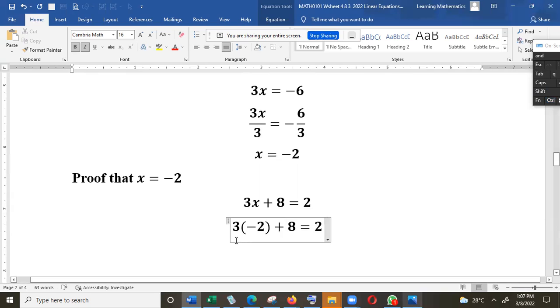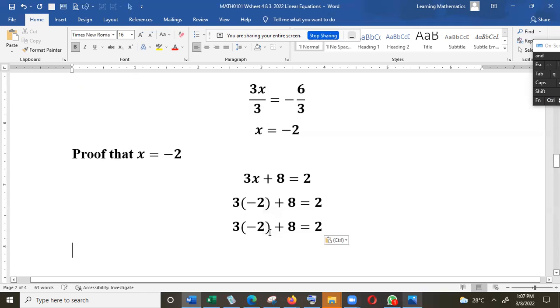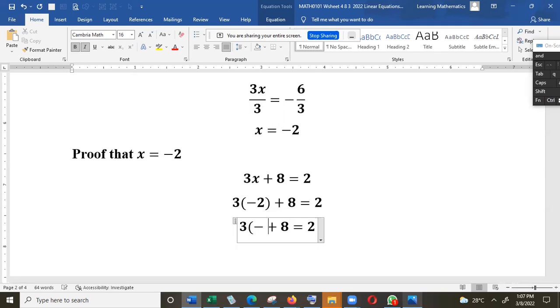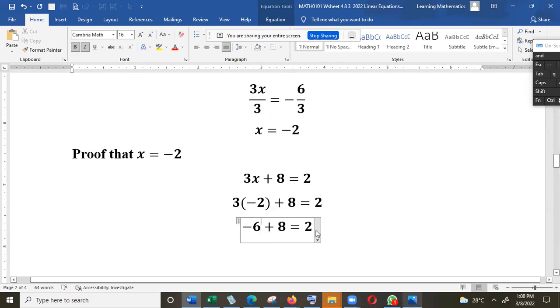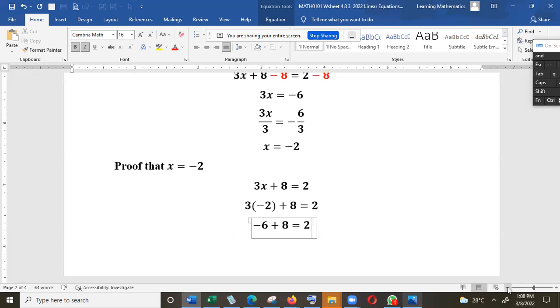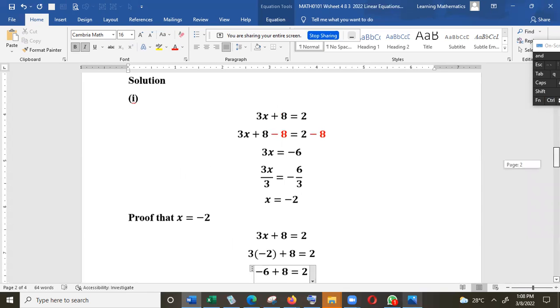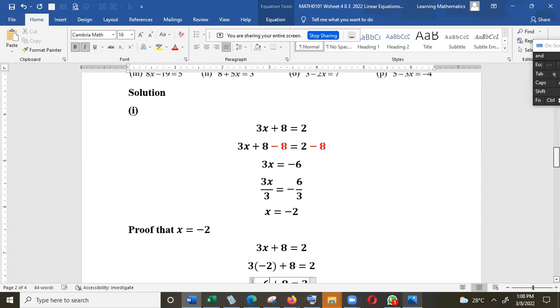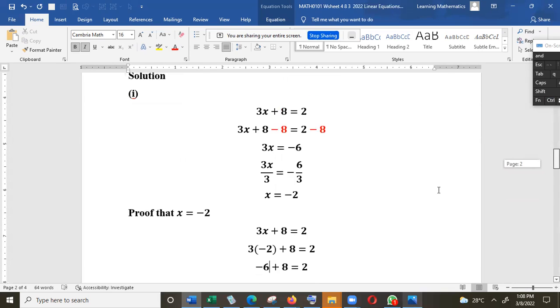And 3 times -2 will give us -6. And -6 plus 8 will give us 2. So our correct answer is x is equal to -2. Okay. So here we have it.